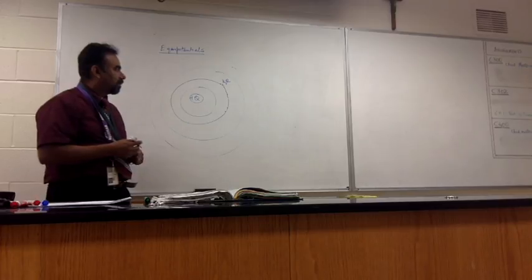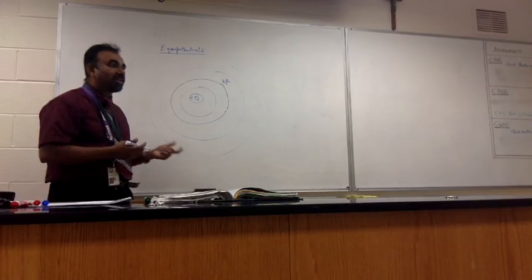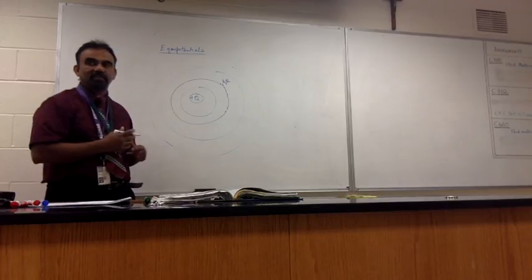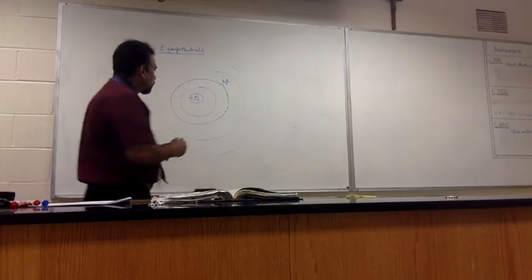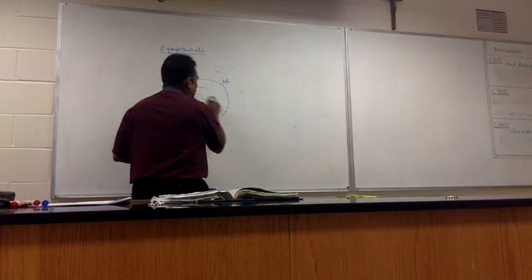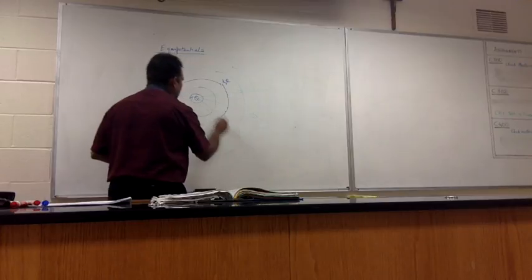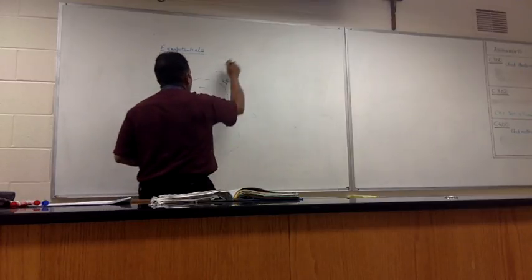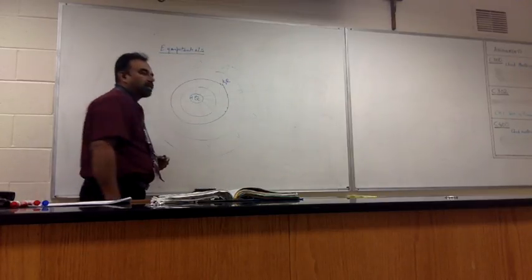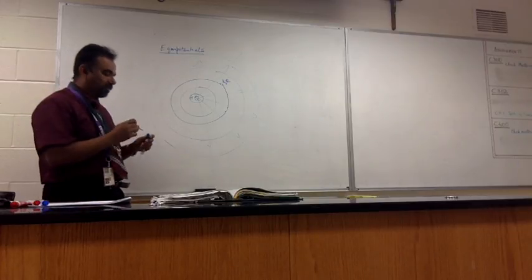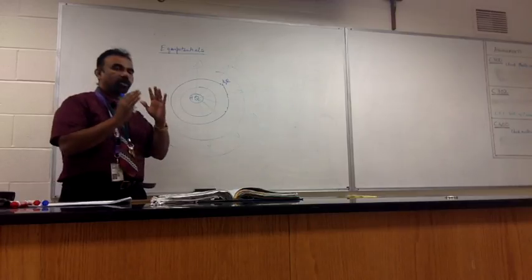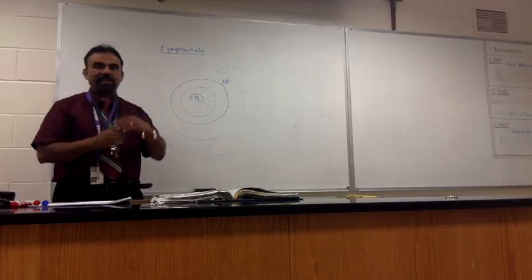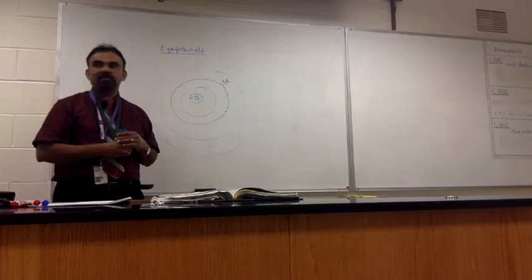Now, where are the electric field lines here? Electric field lines are going this way. Those are the electric field lines. What do you see as a remarkable geometric feature between electric field line and equipotential line? Perpendicular.